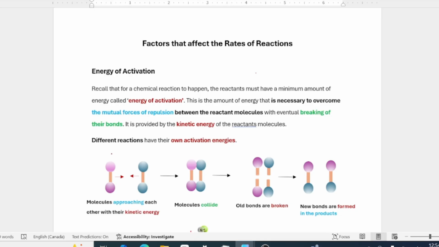So here you have two different sets of molecules, and these molecules are approaching each other with their own kinetic energy. Here we are seeing how the molecules are colliding, and apparently they have enough energy to break the old bonds, and new bonds are created that result in the formation of these products here.